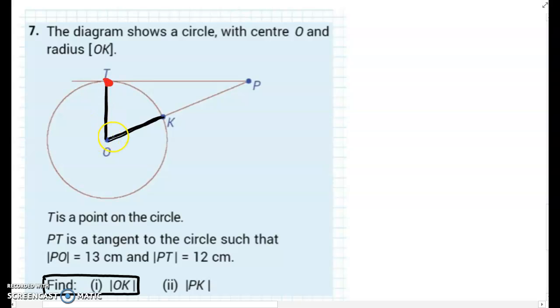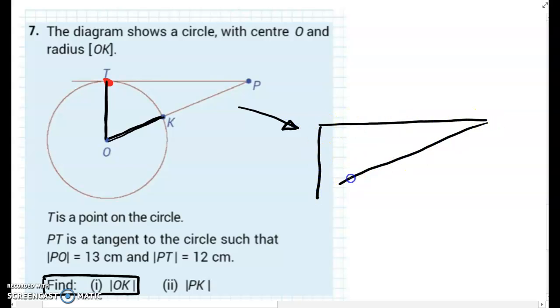Now, it would be impossible to just find OK straight away. Because if you break that triangle away from the circle, to give yourself a clearer look at it, where T is up here, P is here, O is here, and K is here somewhere, it's a right angle triangle. We know this because it's a tangent.